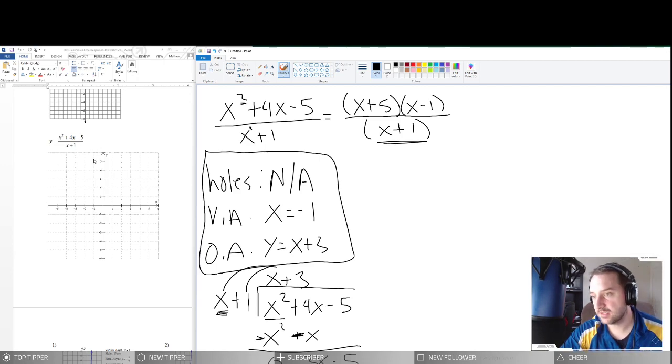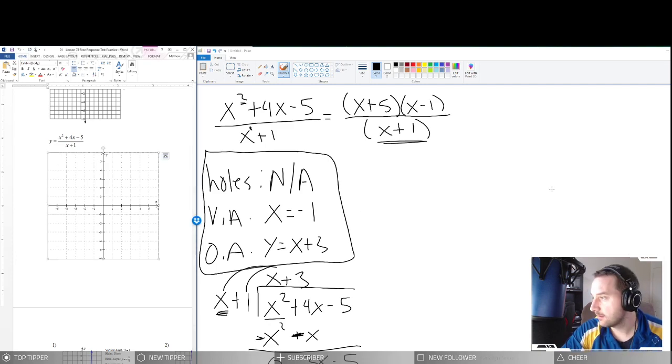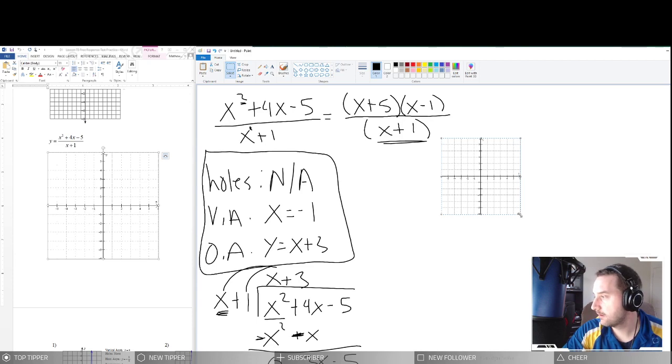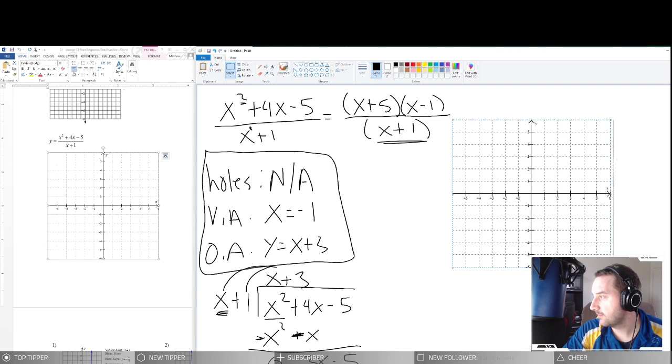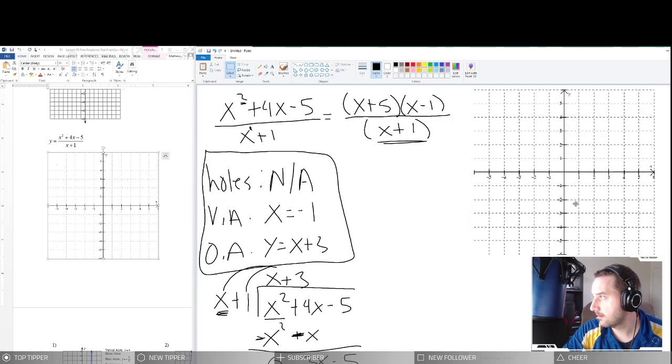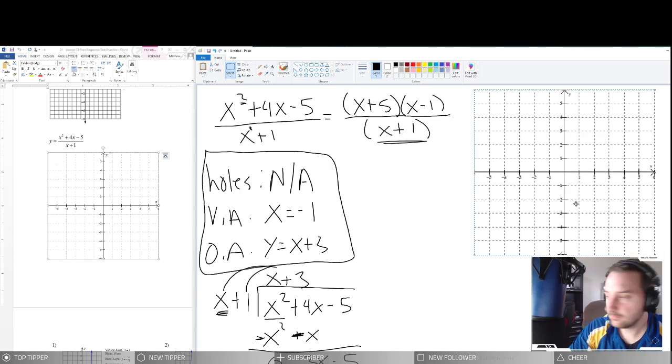Now graphing this, see if I can be neat about it. So I need to make a table. So putting some of these values on there, I need to see what values I need to pick. So I have a vertical asymptote at -1.